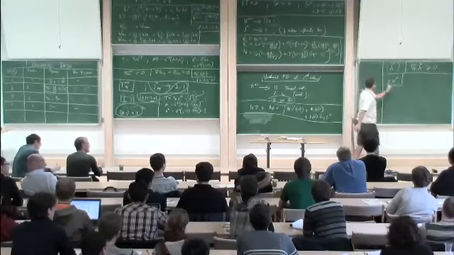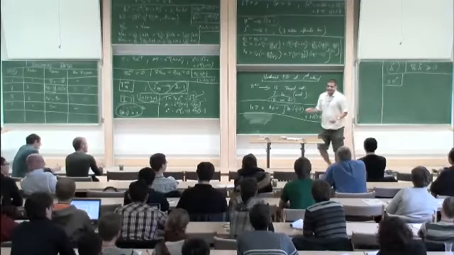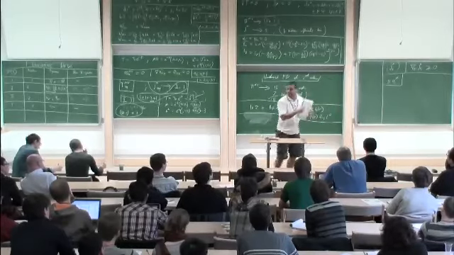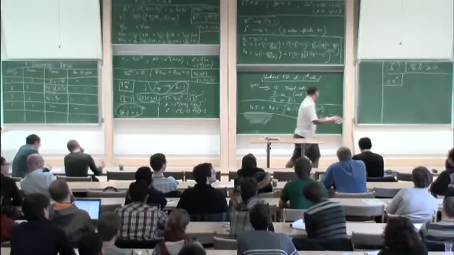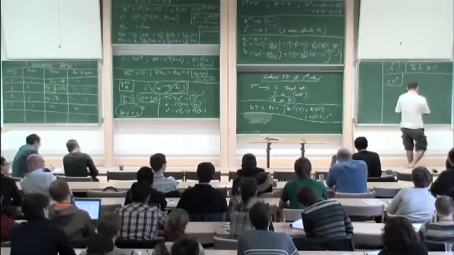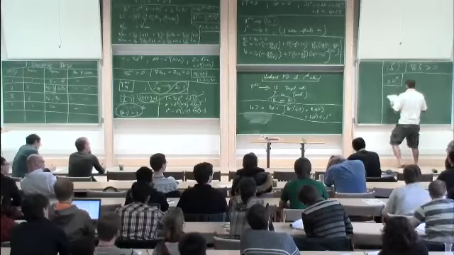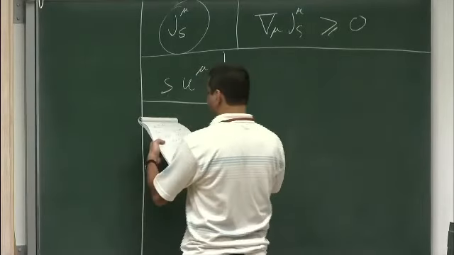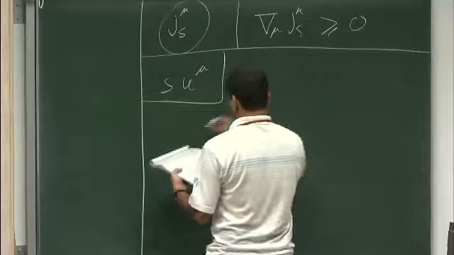Okay. So now, these guys came up with a brilliant suggestion for what the first order correction to the entropy current should be.